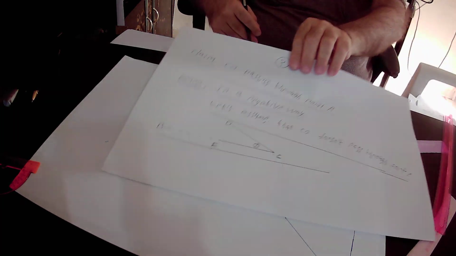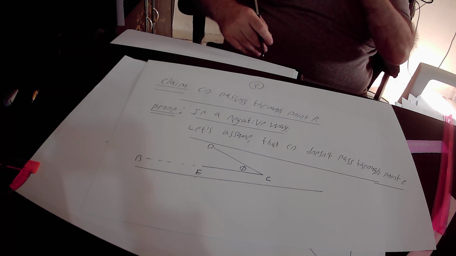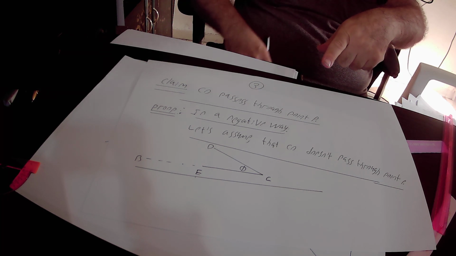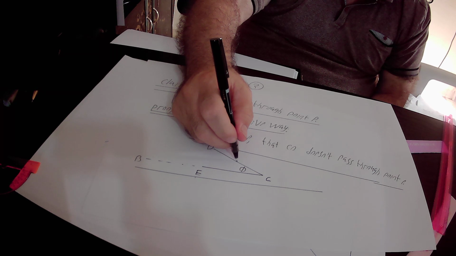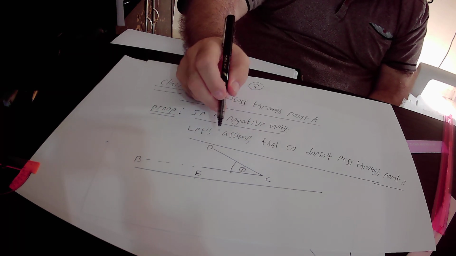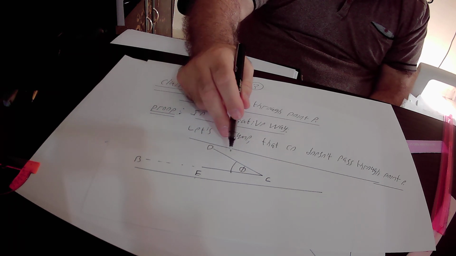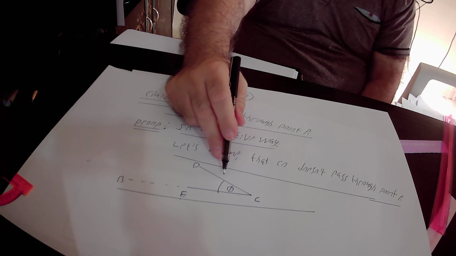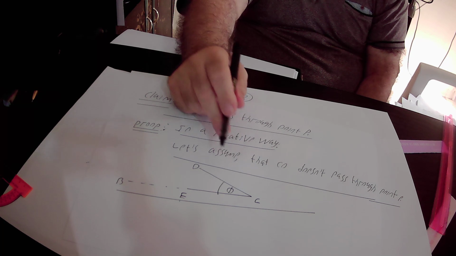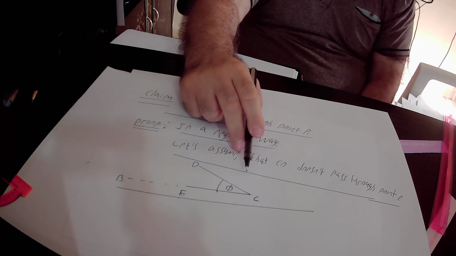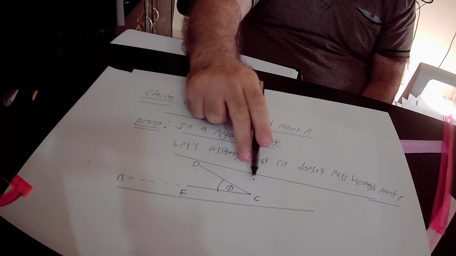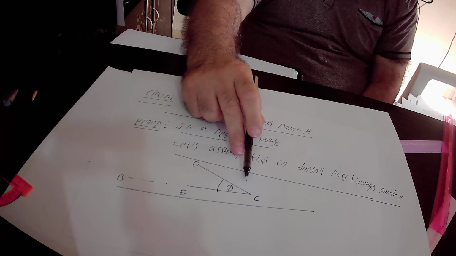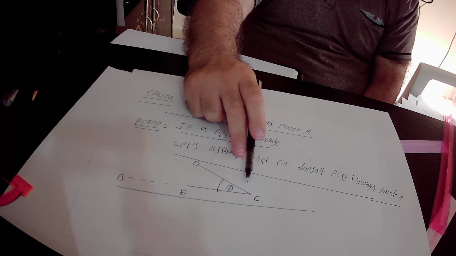So according to our assumption that CO doesn't pass through point P, we have the first angle, angle ECO, that is equal to theta. Here the leg EC of this angle is part of BC.